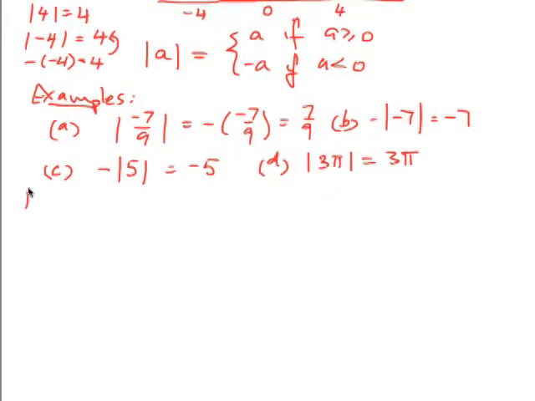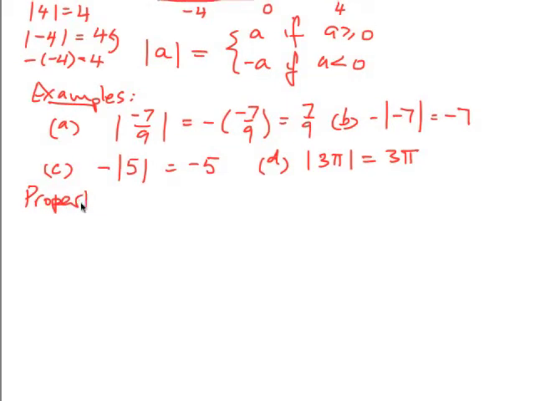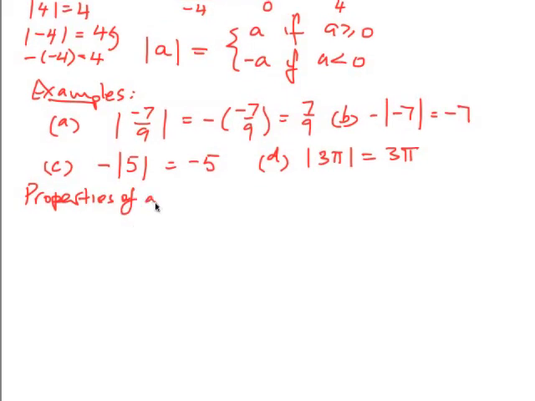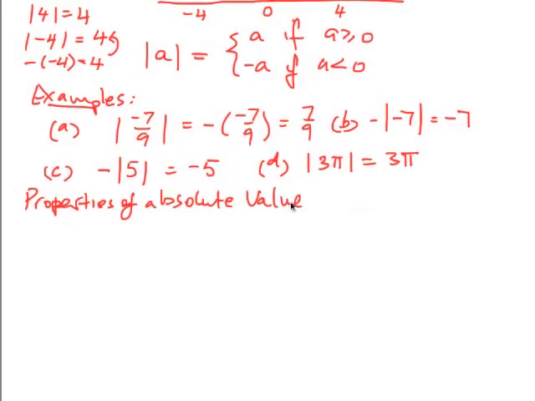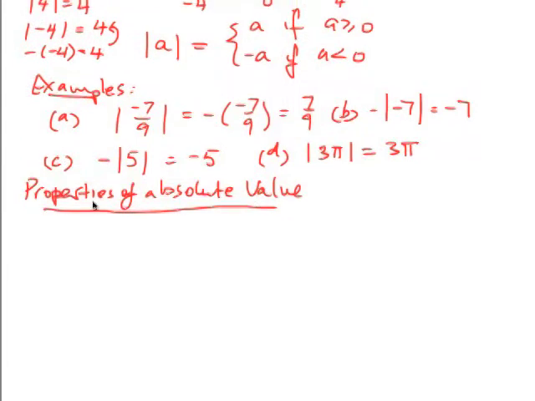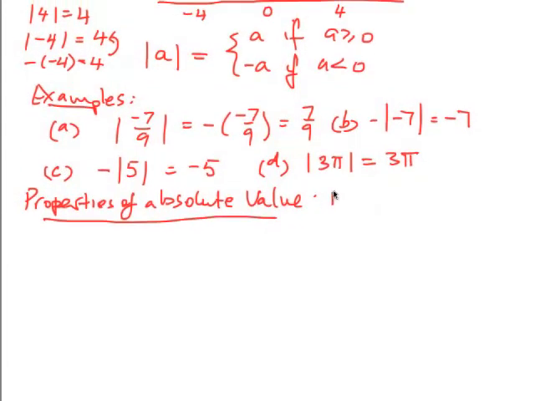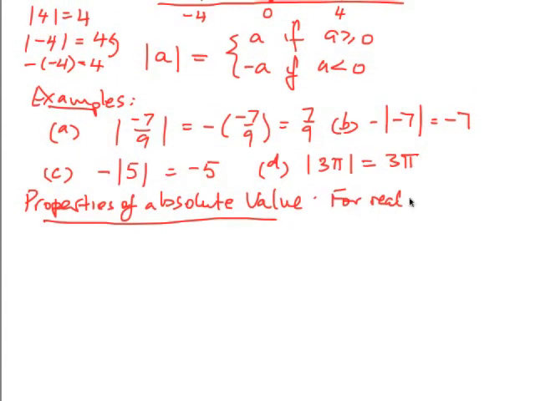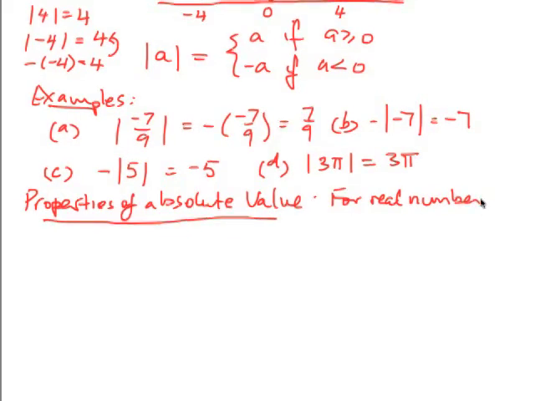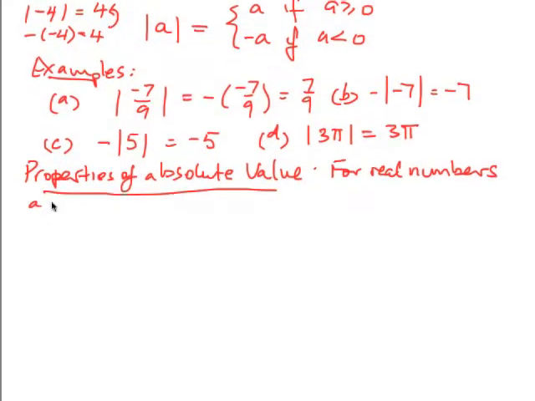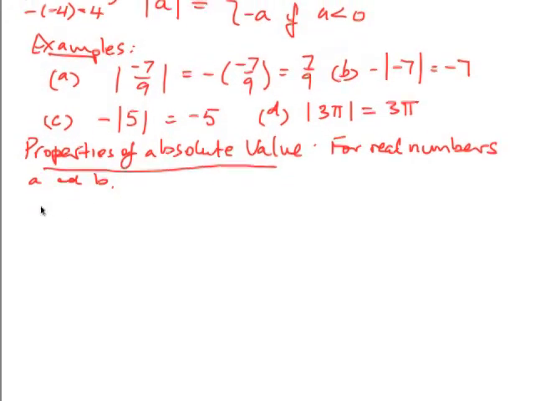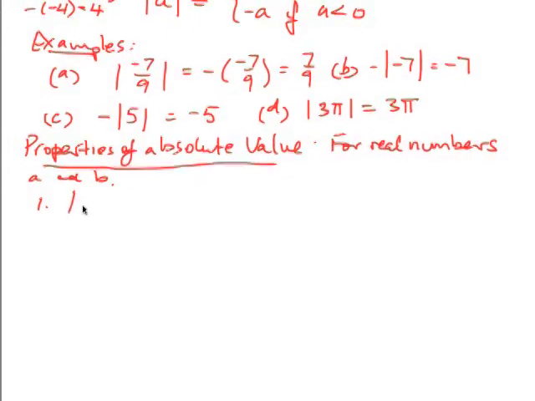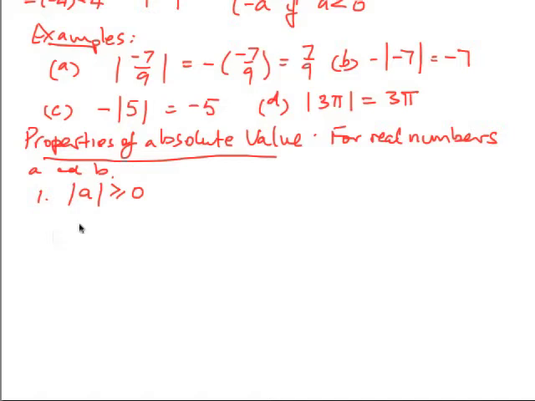Now we have some properties of the absolute value. We're talking about real numbers A and B. Number 1, clearly the absolute value is always positive or equal to 0.